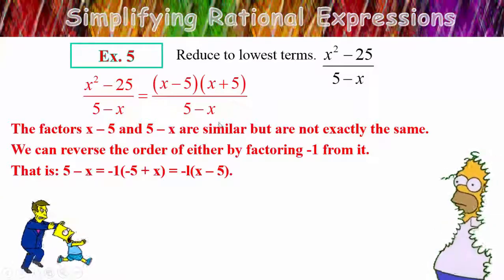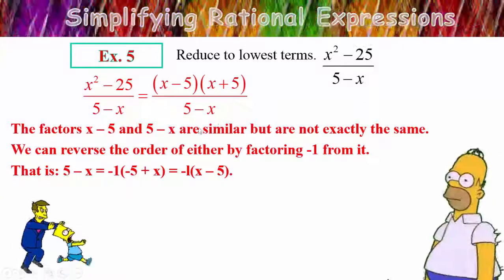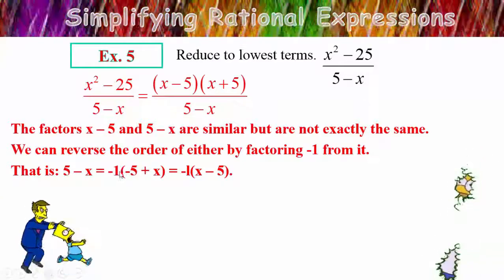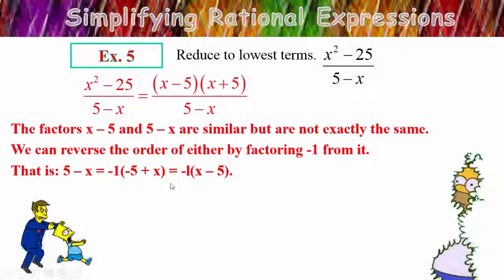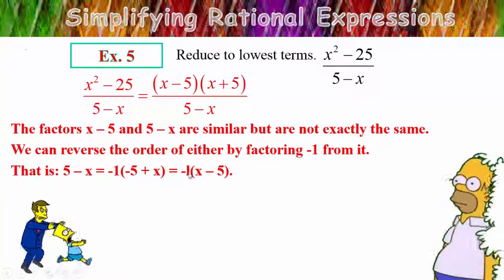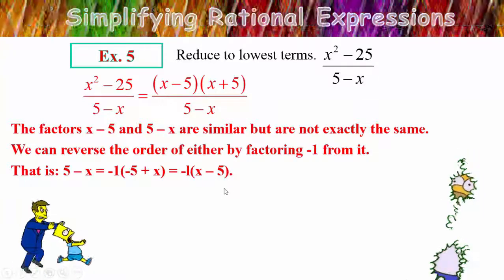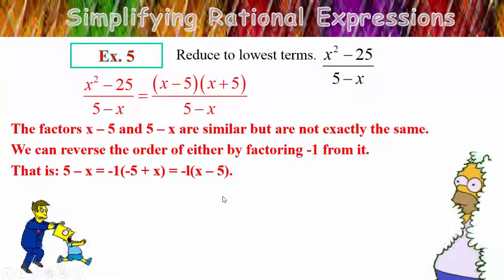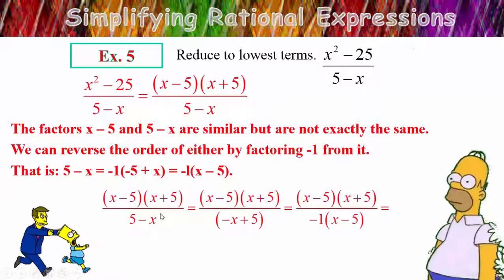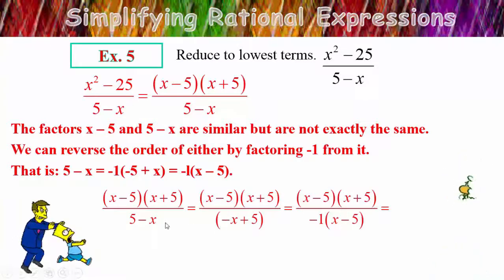So 5 minus x, pulling out the -1, we get -5 plus x, and then rearranging it, we get -1 times x minus 5, using the trick that I just showed you in example number 4.